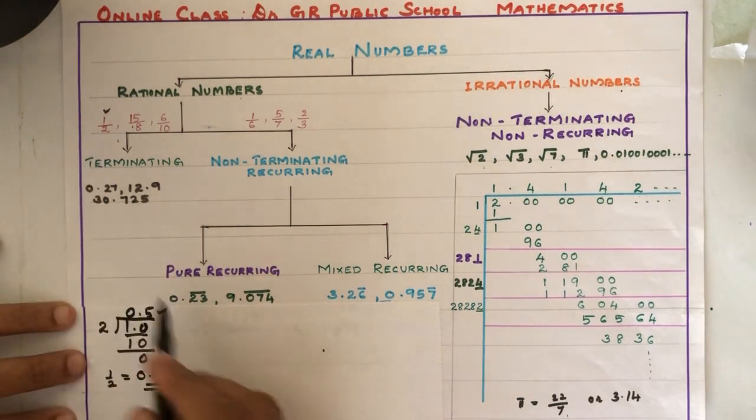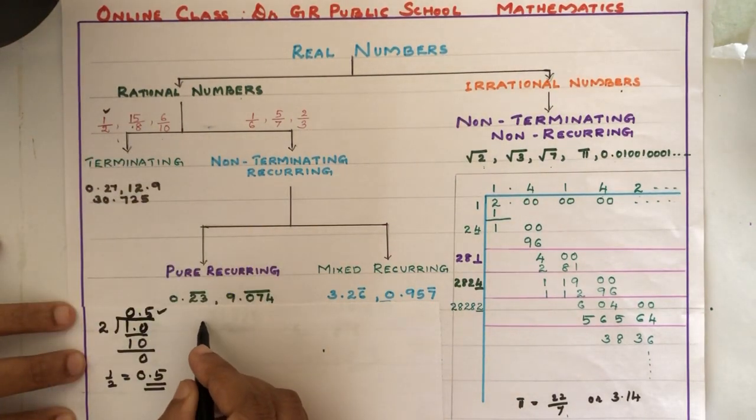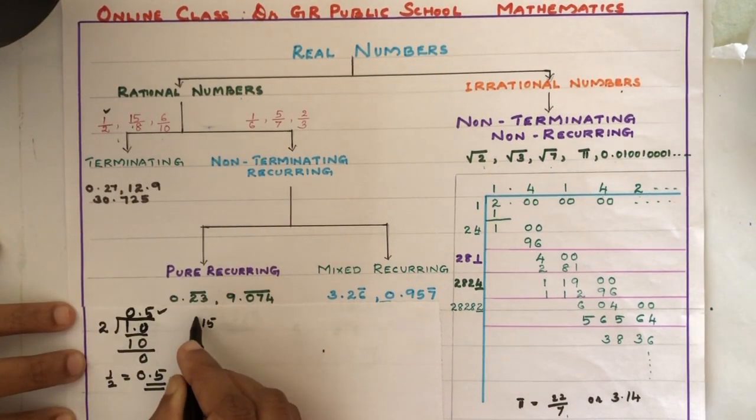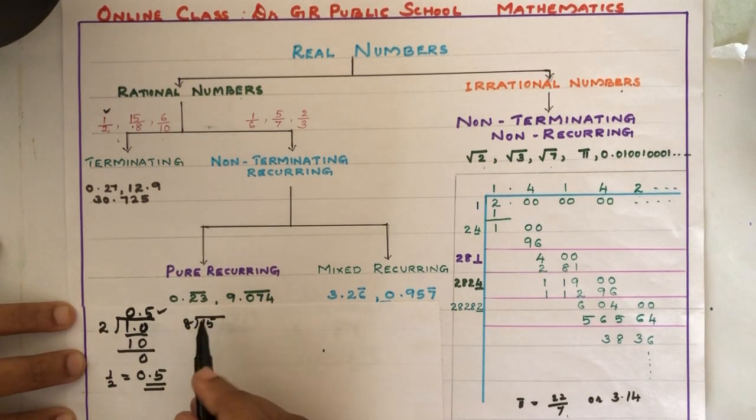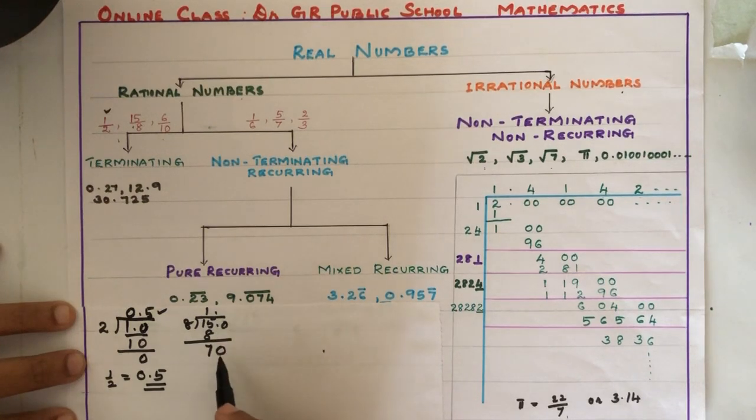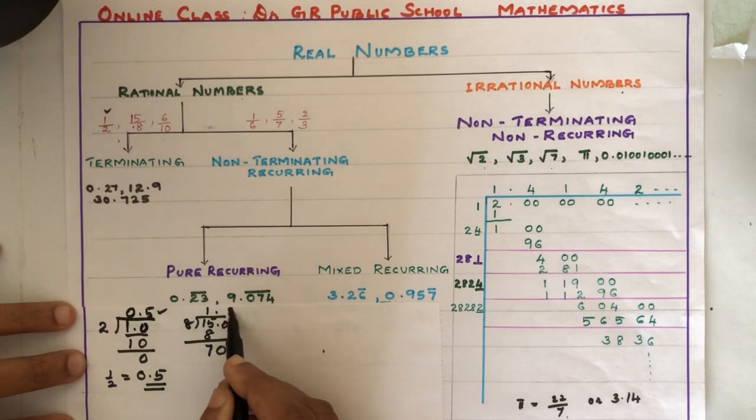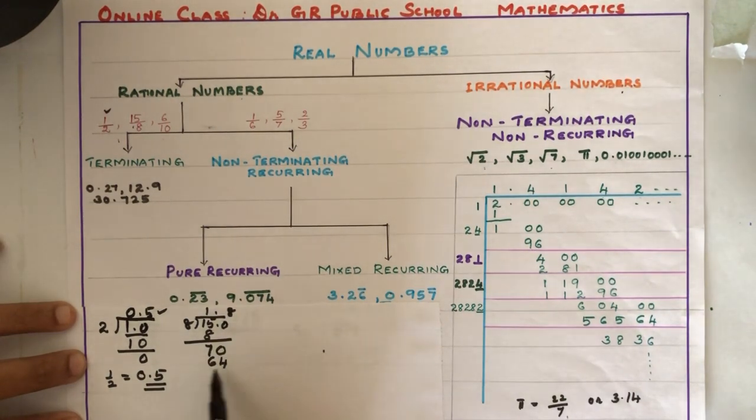Consider another example, 15 by 8. We can take one time of 8, it is 8, then 7. Next we put a decimal point, then 0. 70: how many times of 8? 8 times 8 is 64, then 6 balance.